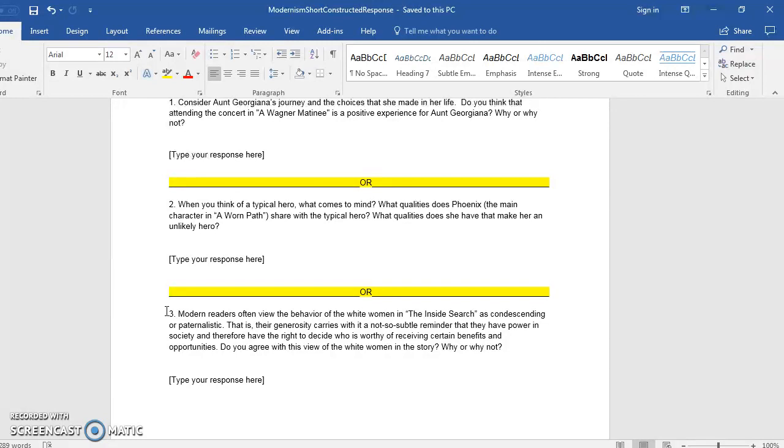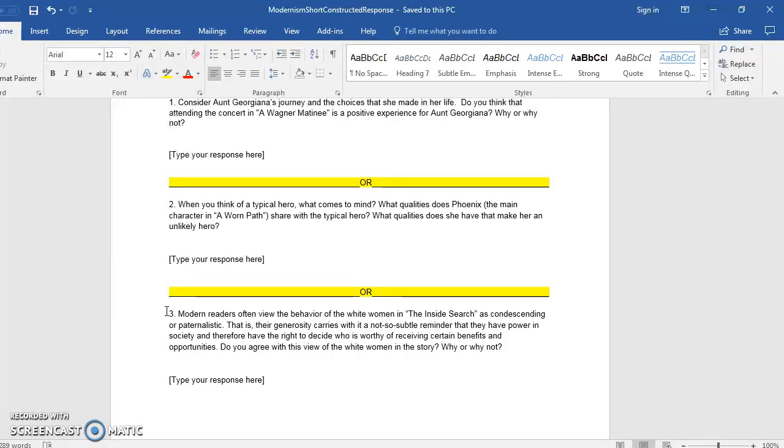They're helping her out, but readers tend to see them as condescending and patronizing to her, meaning their generosity carries with it this reminder that they are in power and they have a higher social standing than she does, and they get to decide who is worthy of receiving the benefits of society.